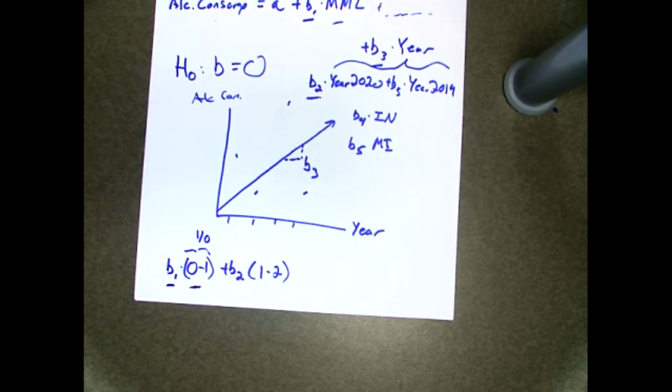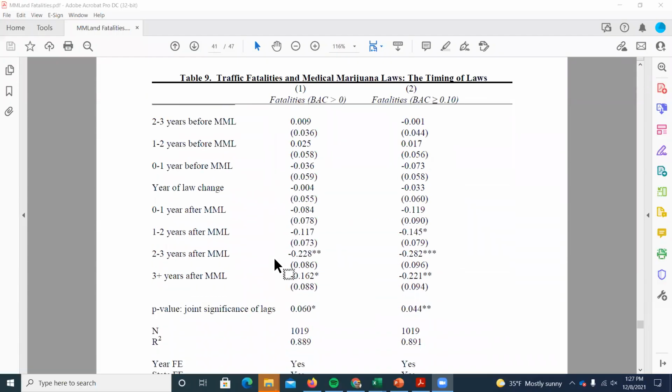And I think the group they left out here was they also went back in time. So I think the group they left out was any observation that was more than 3 years before that law change. Right? So to notice here, in the years before the law change, hopefully we don't see anything significant.